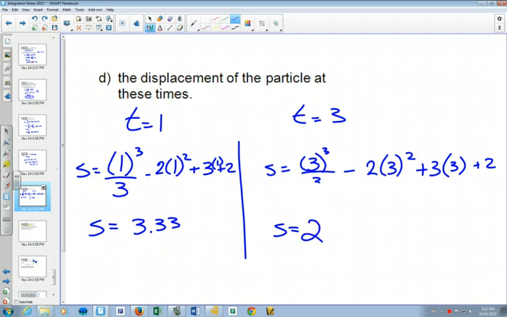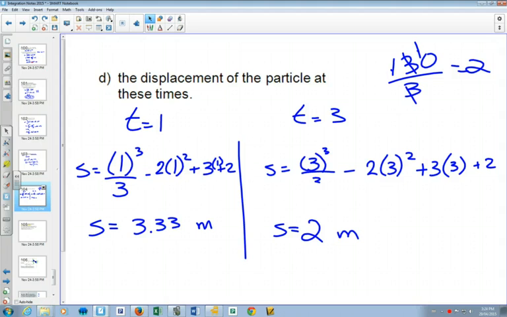Well, if you simplify 130 over 3, yeah, 130 divided by 3, cancel out those, you're left with a 1. Perfect. It works out. There's always a way. And these are meters. That's where we're going to stop for today.